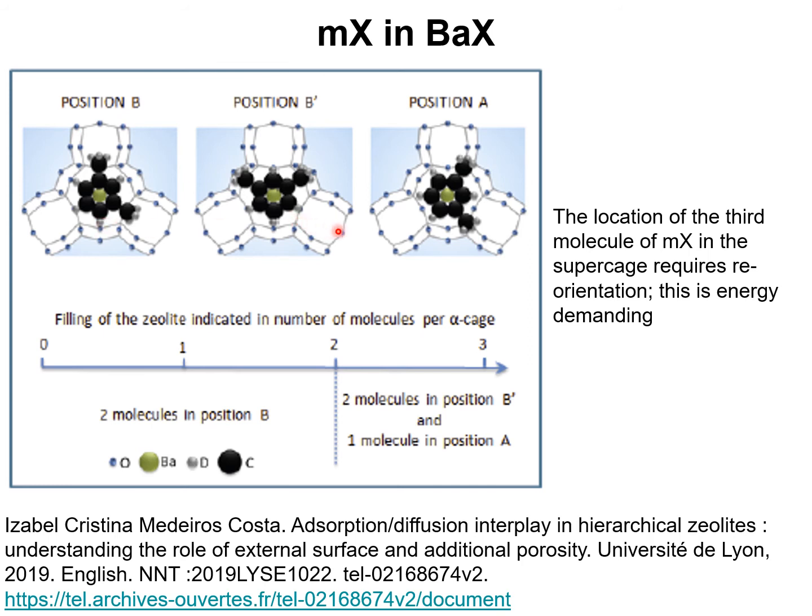But the location of a third molecule within the alpha cage is energy demanding because it requires a reorientation of the meta isomer. The same is true for the ortho isomer.